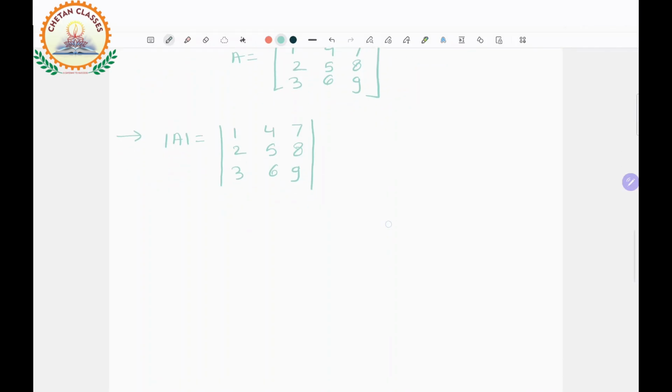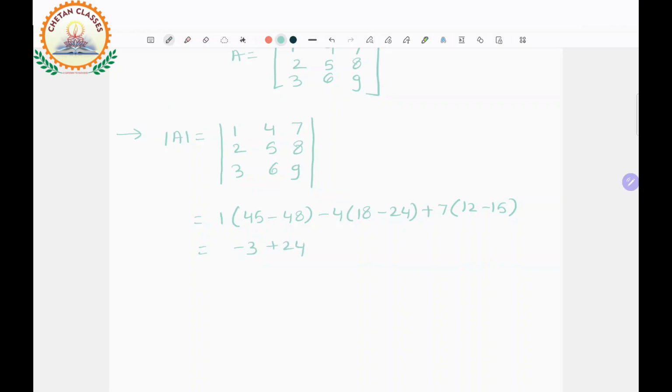Now we know the formula of determinant. So 1 into (45 minus 48) minus 4 into (18 minus 24) plus 7 into (12 minus 15). So here minus 3 plus 24 minus 21 is equal to 0.